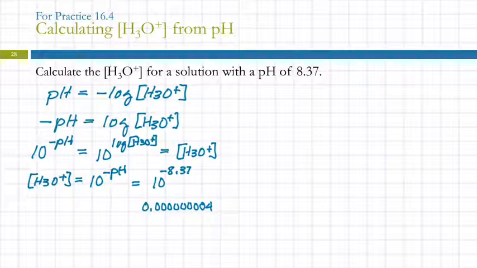My calculator's in decimal display mode, and so it's able to display it just barely. But I know that there's got to be more digits than that. So what I'm going to do is put it in scientific notation. And now it's going to show me 4.26579519 times 10 to the minus 9.